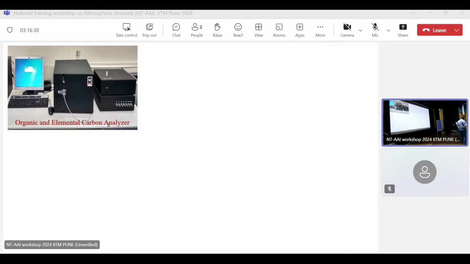And this is carbon monoxide, some unit, whatever the carbon level. The detector is FID, flame ionization detector. We are putting some methane as a constant supply, which is an internal standard.